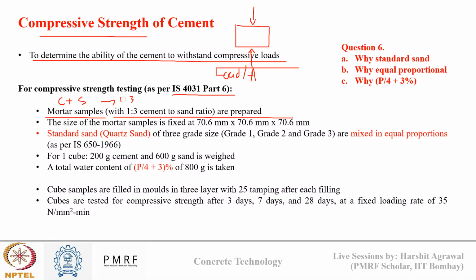Now, the first question I want to ask: why are we not preparing just cement paste? Why are we moving into cement mortar here? The testing that we have seen till now uses cement paste. Then why here are we preparing mortar samples, not paste samples? Can anyone tell me the reason?